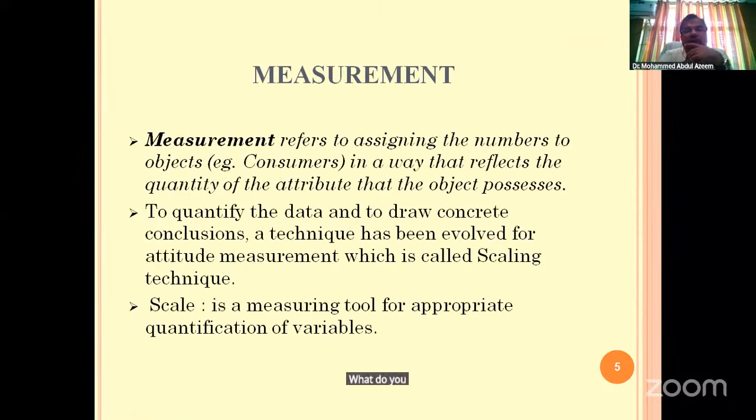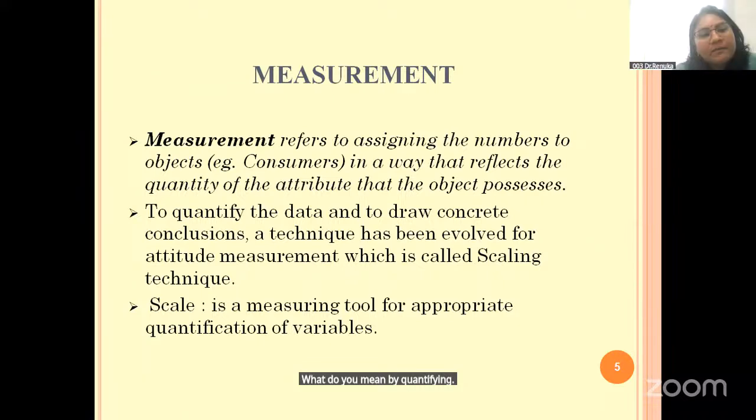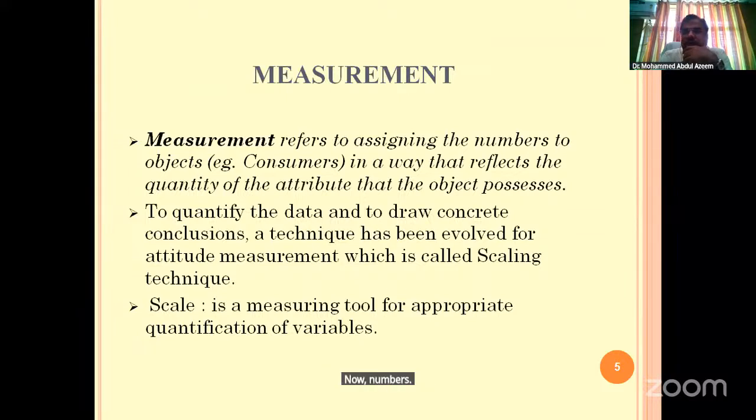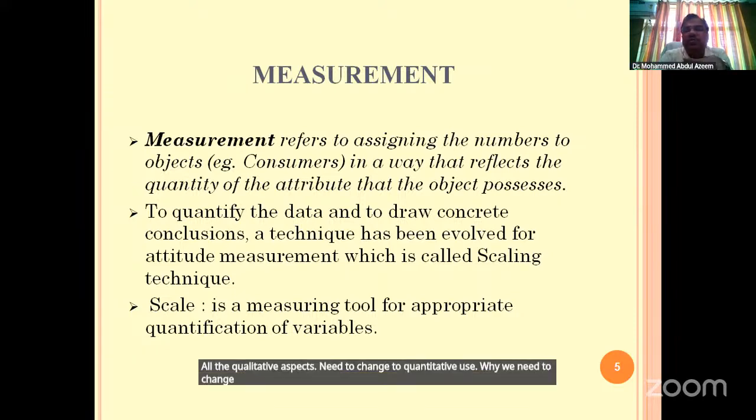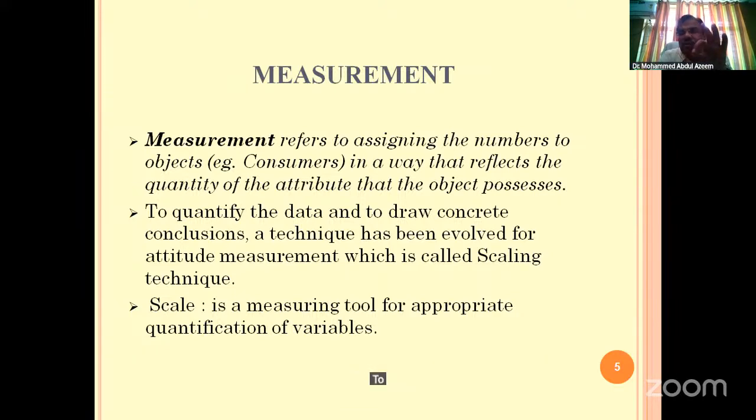What do you mean by quantifying? Expressing in numbers. So all the theoretical aspects, all the qualitative aspects need to change to quantitatives. Why do we need to change to quantitatives? To have a concrete solution.